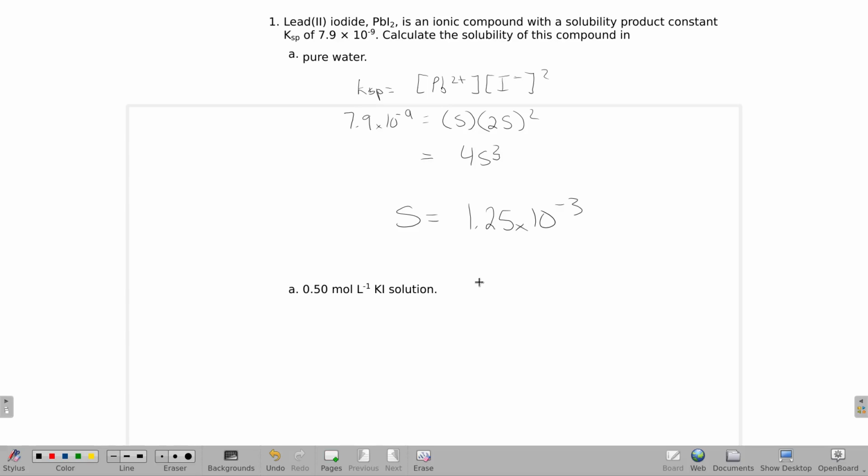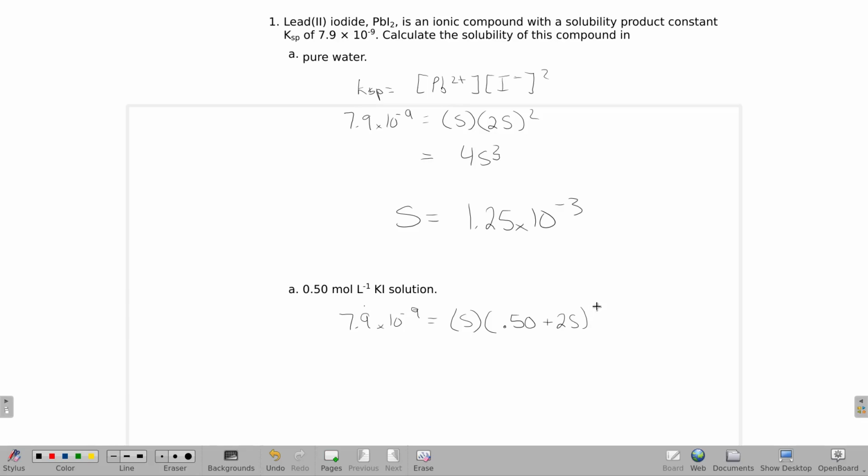Alright. The second one's going to have a slightly complex nature to it because of that 0.5 added to it. Our basic overall equation is the same, and it is still the 7.9 times 10 to the negative ninth. But now instead of S times 2S, it's S, and in addition to the 2S, there is 0.5 molarity of iodide, so we're going to work that in.